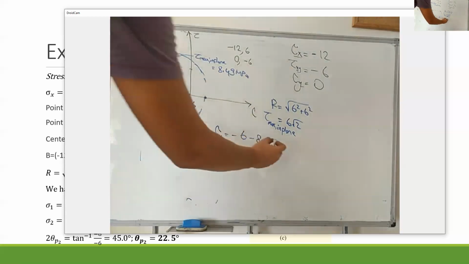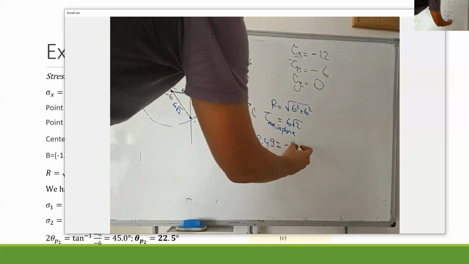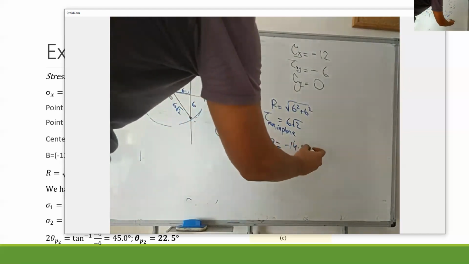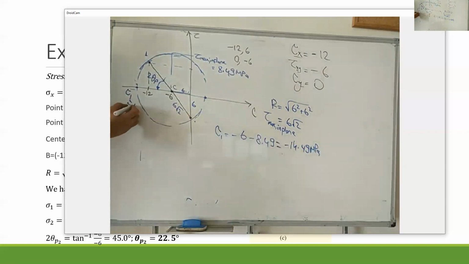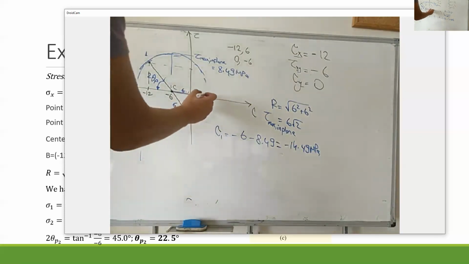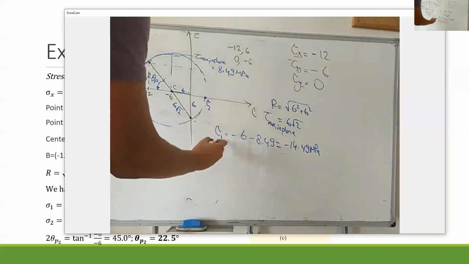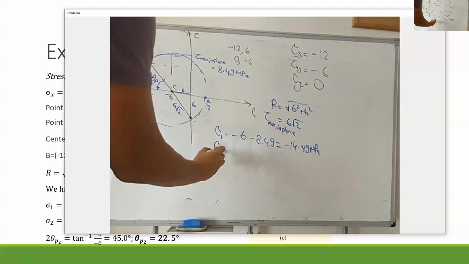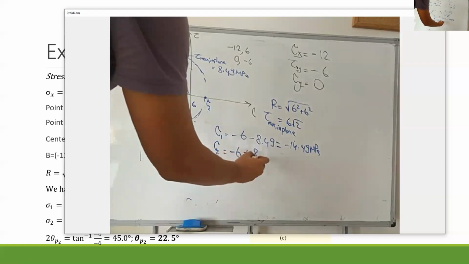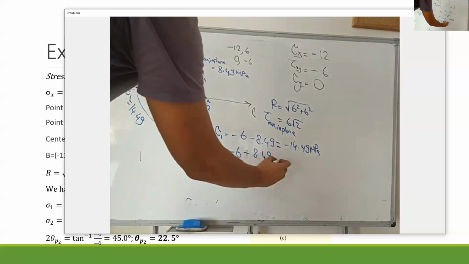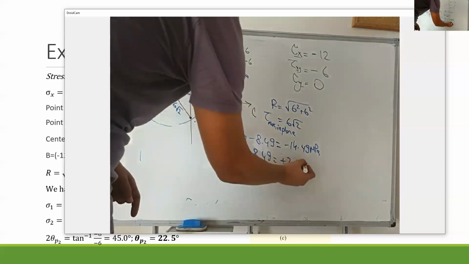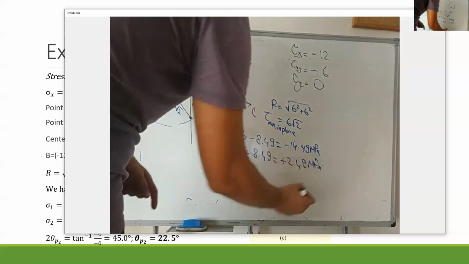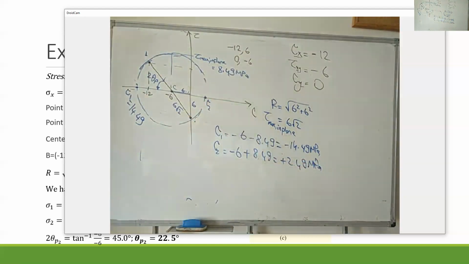So I obtain minus 14.49 MPa, megapascal, as the sigma 1 value. Sigma 2 is equal to minus 6 plus 8.49, not minus, positive, 2.49 megapascal, which is sigma 2.